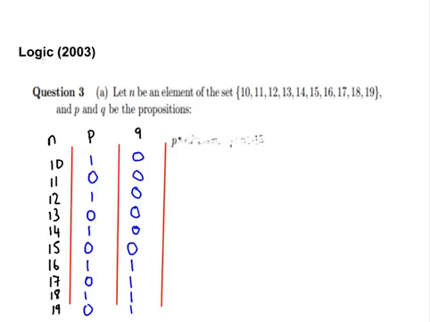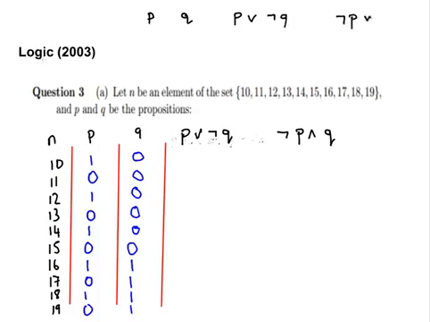So now P or not Q, and the other one is not P and Q. Let's write in our truth tables at the top. Let me start again. P, Q, P and not Q, not P and Q.